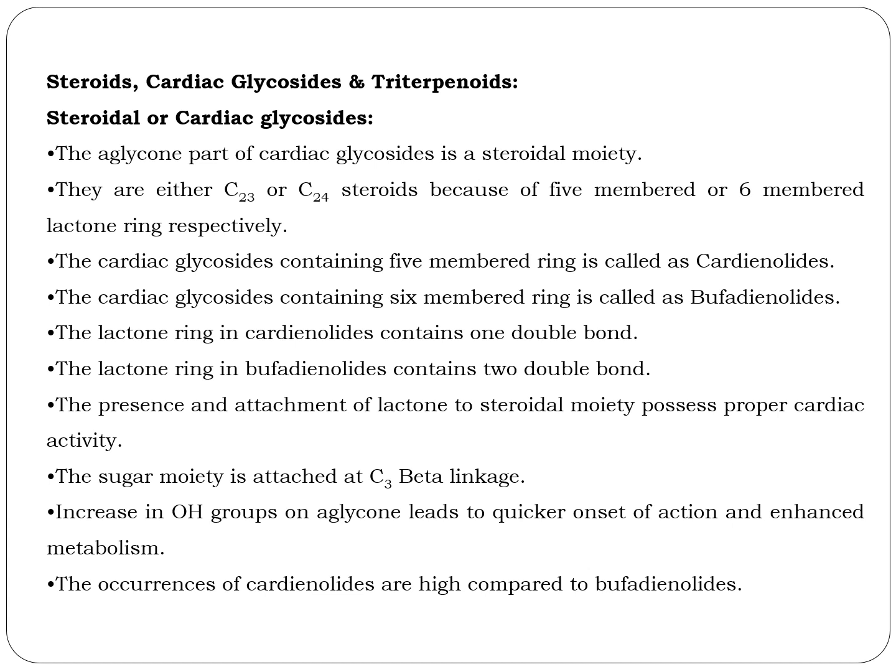The cardiac glycosides containing a 5-membered ring are called cardenolides. Those containing a 6-membered ring are called bufadienolides. The lactone ring in cardenolides contains one double bond, and in bufadienolides two double bonds.